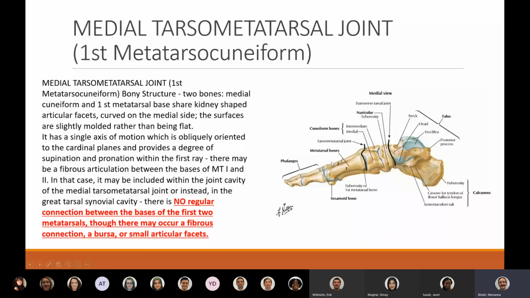But as far as the bases of metatarsals, there is no regular connection between the bases of the first 2 metatarsals. Though there may occur a fibrous connection or small articular facet for the most part. So that's a test question. There is no regular connection between the bases of the first 2 metatarsals. It's literally straightforward like that.